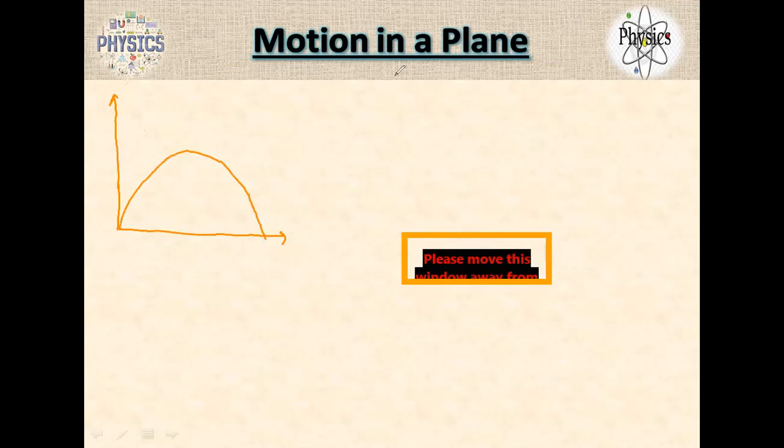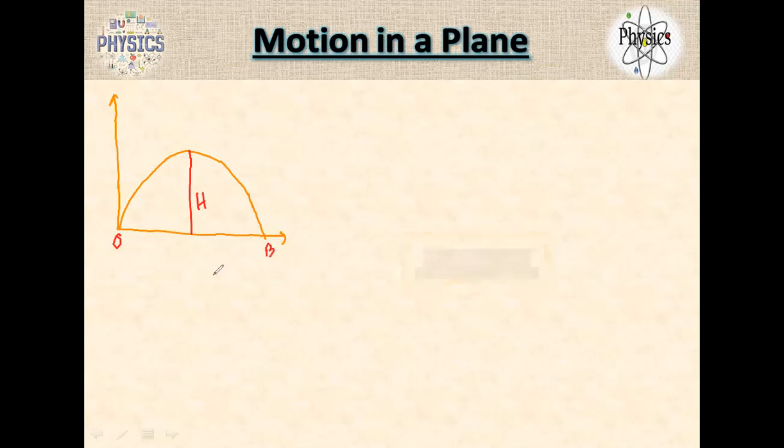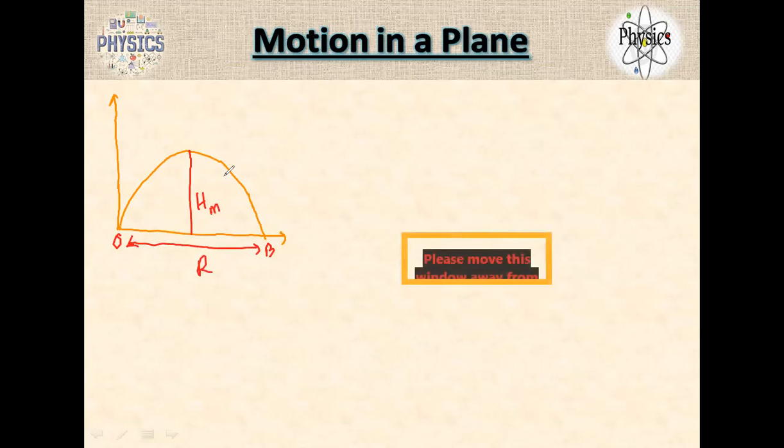This is my maximum height, this is O, and let us say this is B. This is actually my range, and this I can write as HM, the maximum height at this point. Initially the object is projected like this with an angle theta to the horizontal direction.